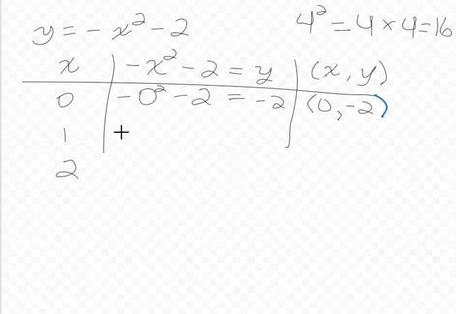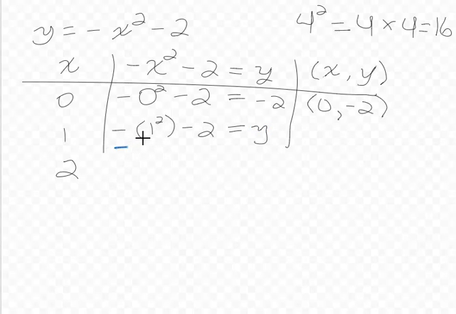Now let's substitute 1 for x. So I have negative 1 squared minus 2, and that's equal to y. 1 squared is 1 times 1, right?